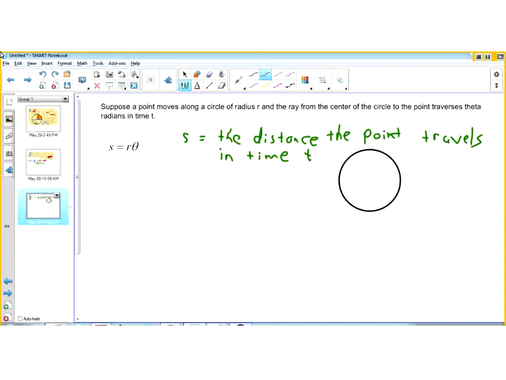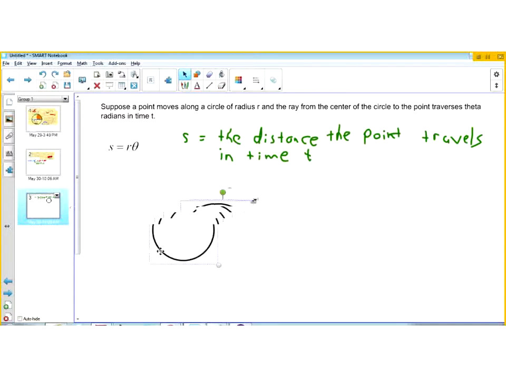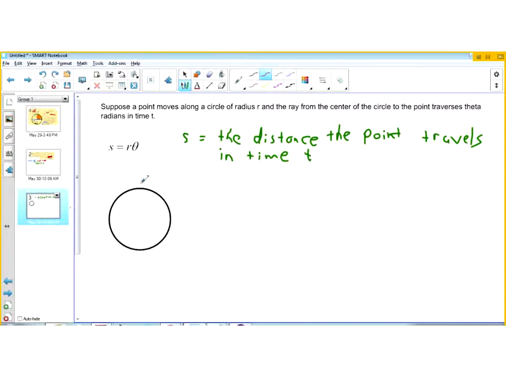Oops, Control Z. Let me move my circle away, so let's move it here for a better drawing. Let me superimpose a coordinate frame on the circle. So here's my x-axis, here's my y-axis, and the radius of the circle is r. It's not necessarily the unit circle, but the radius is r.